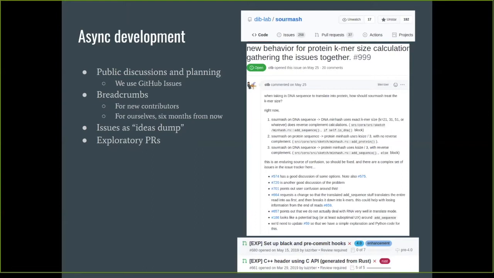This is pretty important as we have more people, even in academia parlance, like a junior member of the team, such as an undergrad or a new grad student. This is a way for them to pick up what's happening in the development without us having to sit down and explain person by person every time.